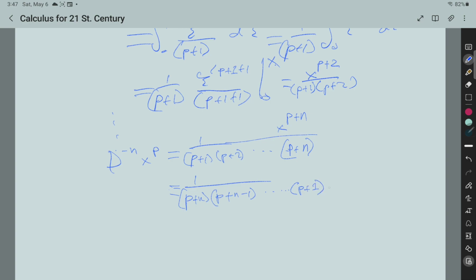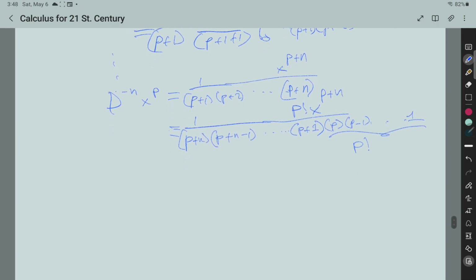And then the next value lower than this would be p, and then p minus 1, all the way down to 1. So this part right here is p factorial that I need to multiply downstairs. So I need to multiply upstairs with the same factor. So the top would be p factorial times x to the p plus n.